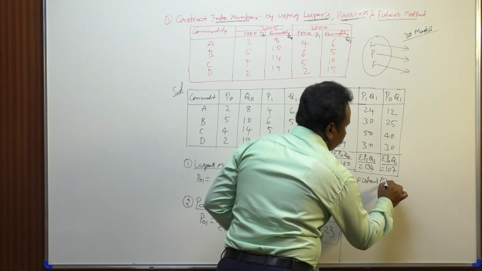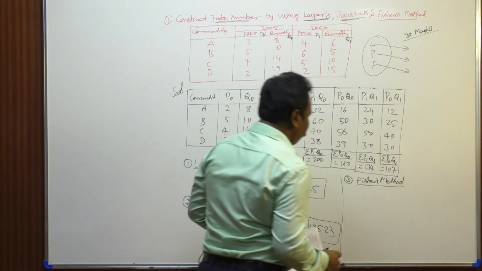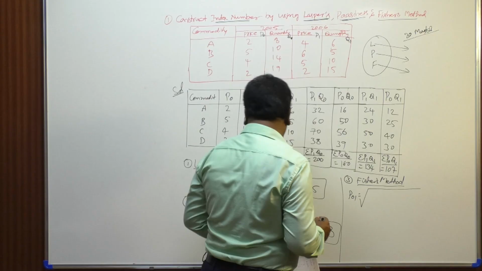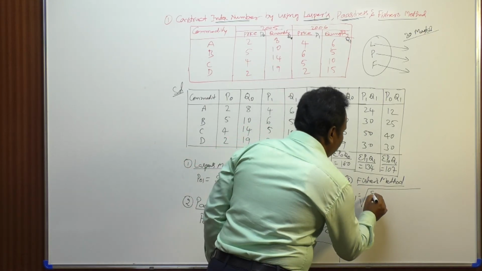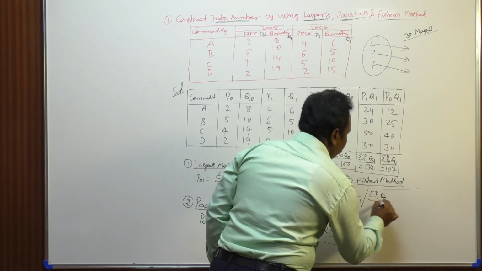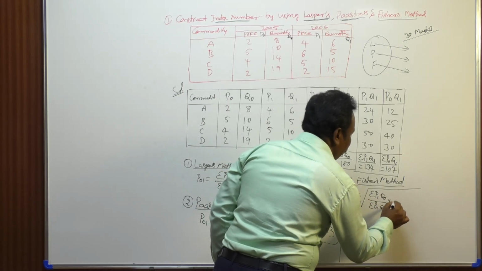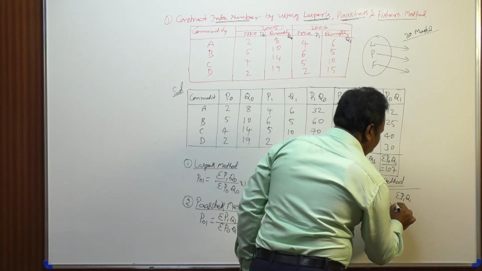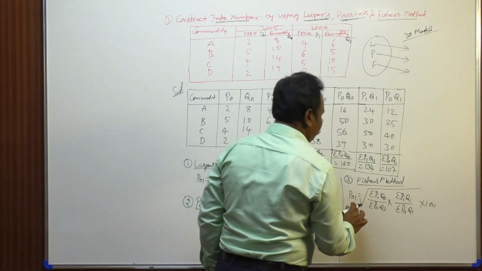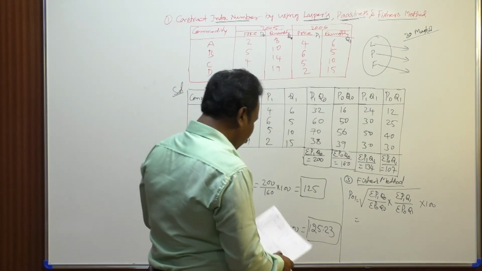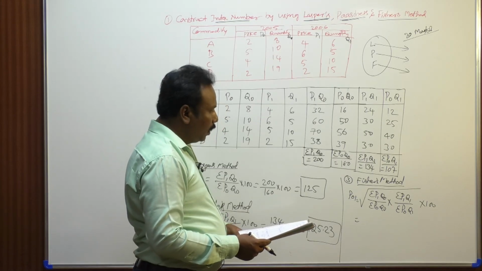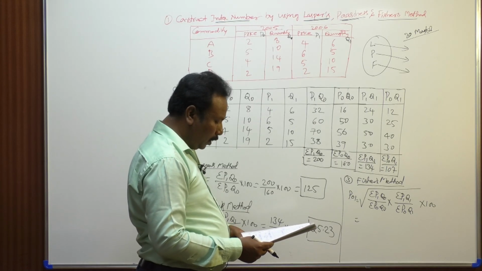Under this, the formula is P01 equals square root of the first, Laspeyres' method, that is sigma P1 Q0 divided by sigma P0 Q0 into Paasche's method, sigma P1 Q1 divided by sigma P0 Q1 into 100.